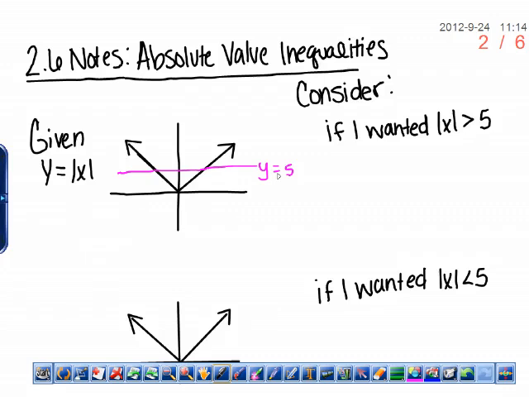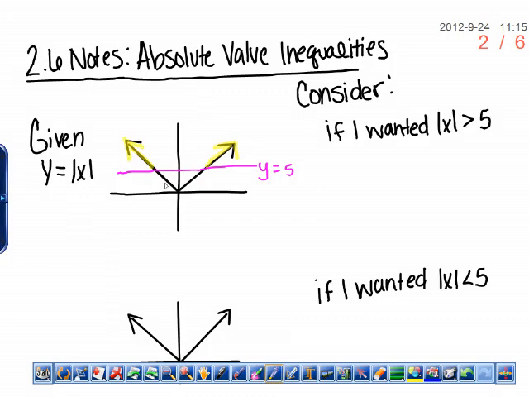So for which parts or part of my absolute value graph are the y values greater than 5? Okay, so it's this piece above the line, right?